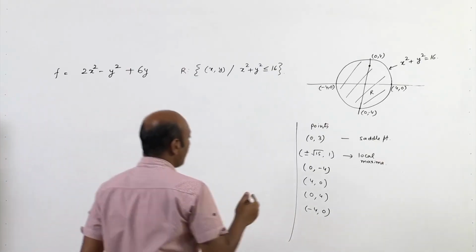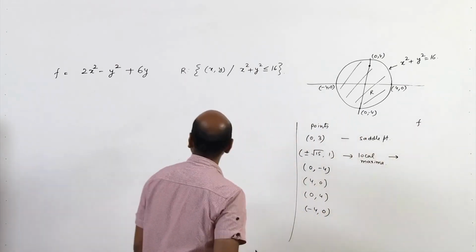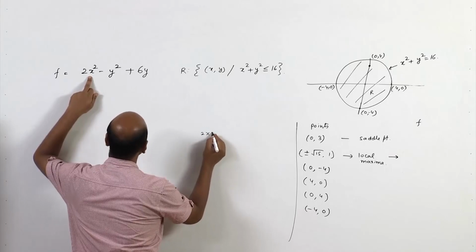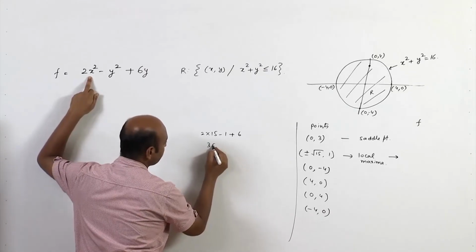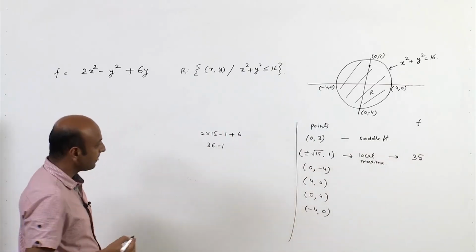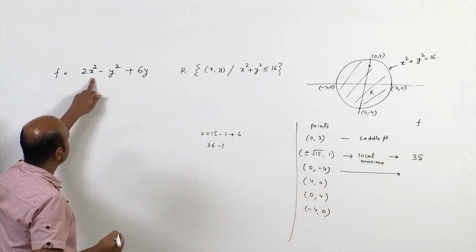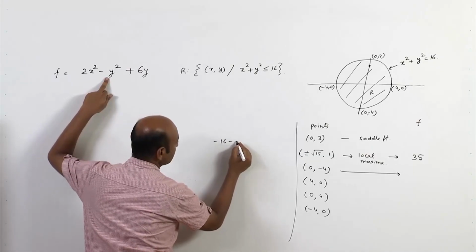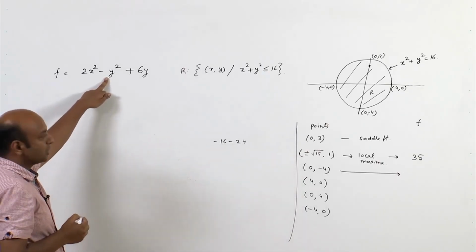Now, the value of the function at this point, you simply substitute it here. It is 2 into 15 minus 1 plus 6, that will be 36 minus 1, that is 35. So, f is 35 at this point. Now, at 0 comma minus 4, when you substitute x as 0 and y as minus 4, this will be minus 16 minus 24, so it will be minus 40.